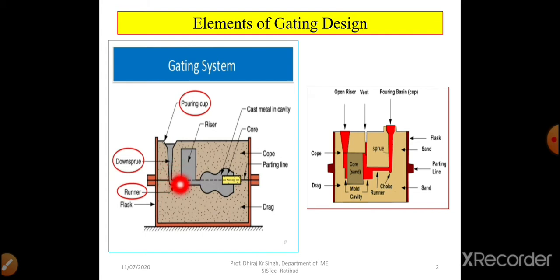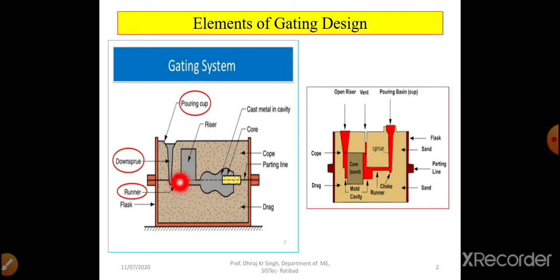And this horizontal section, from which the molten metal will come from the down sprue and then finally reach the mold cavity, is known as runner. And this portion is known as riser. Riser is basically provided to compensate the liquid and solidification shrinkage.